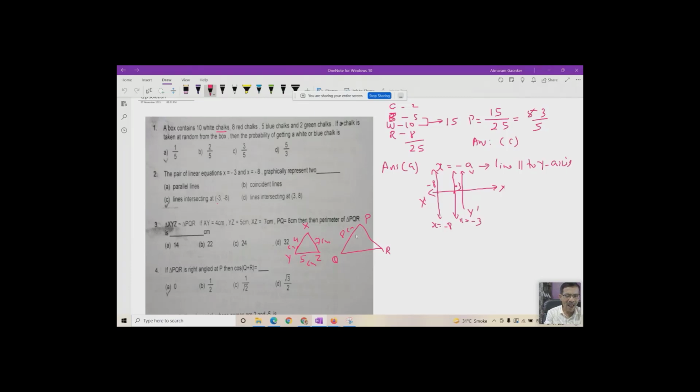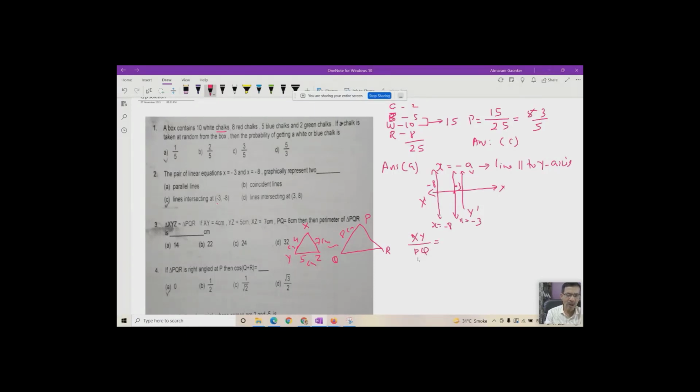And then you are asked to find the perimeter of this. Since these two triangles are similar, given only that two triangles are similar, we can write the ratio of corresponding sides and equate them to each other. So the first ratio is XY upon PQ.